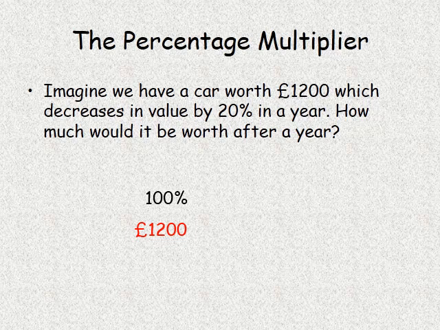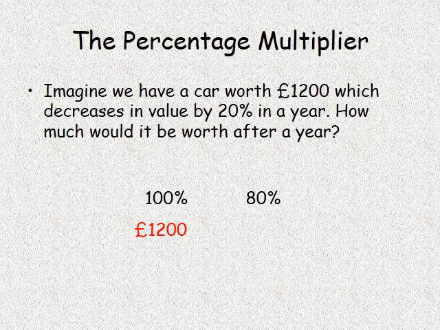Now after 1 year it is no longer worth 100%, it's not worth more, it has gone down in value. Therefore it is worth 80% of its original value. So our multiplier must show that.